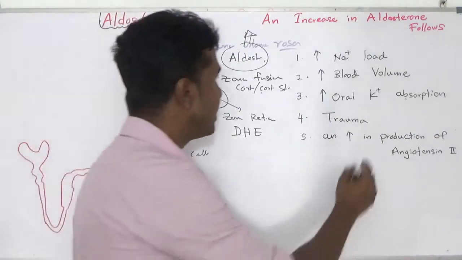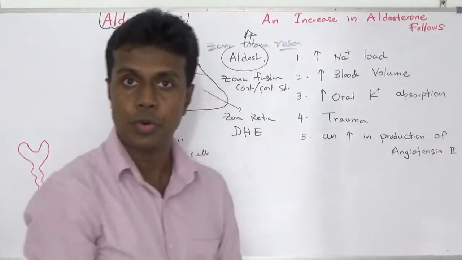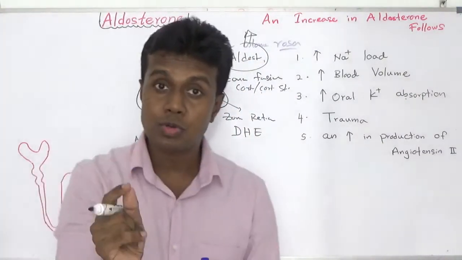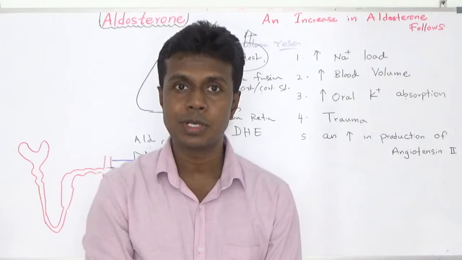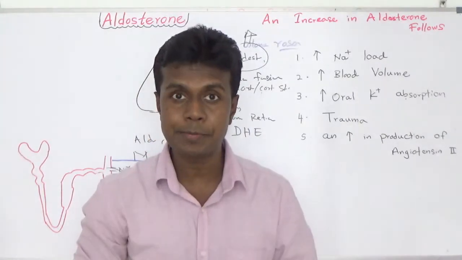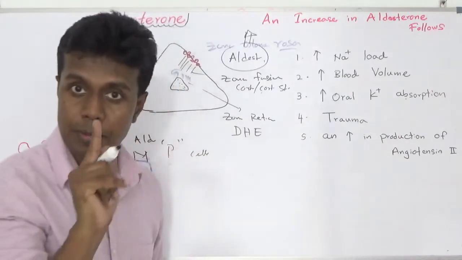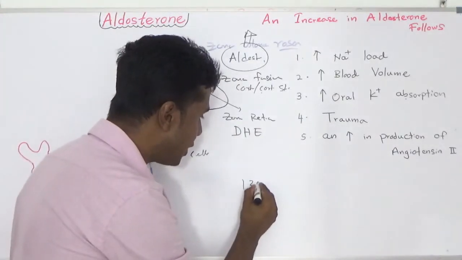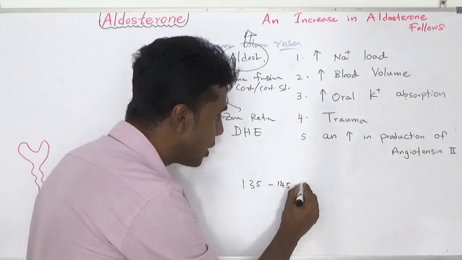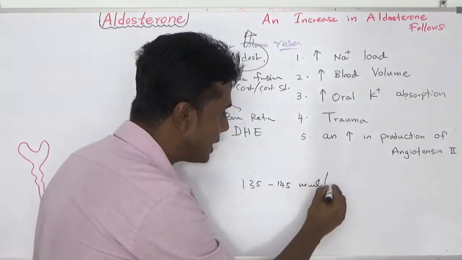What happens ultimately? Does it increase sodium load or not? They absorb sodium and water together, so they do not increase sodium load. The normal sodium concentration in your blood is 135 to 145 millimoles per liter.